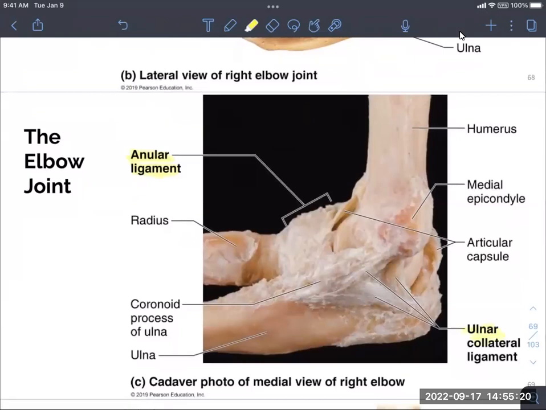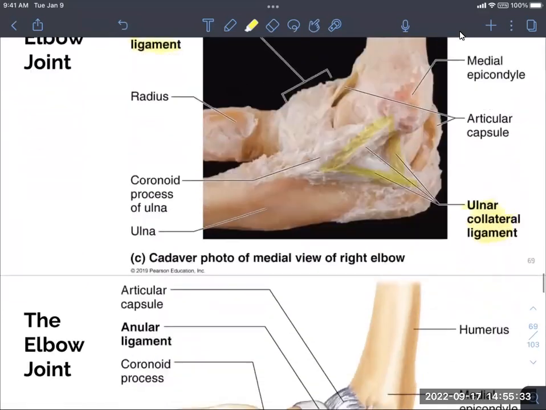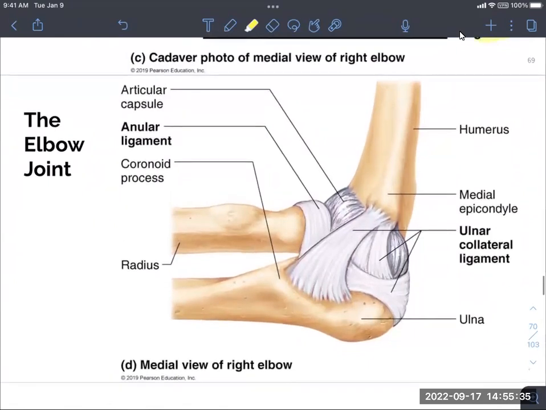You have the ulnar collateral ligament because that's attaching the ulna to the humerus in 3 different places. So here's a drawing of just that. Again, that annular ligament that is wrapped around the head of the radius. And you have your ulnar collateral ligaments helping to hold that ulna to the humerus.